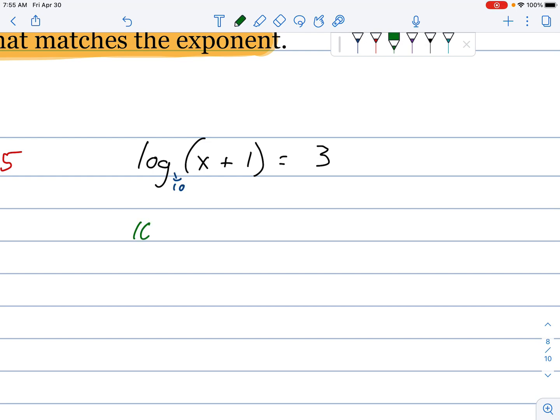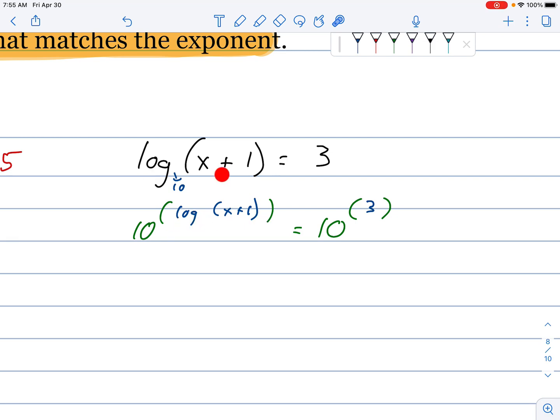So if I were to say 10 to the, and I make that log x plus 1, what's up top? Which is kind of weird. Again, same thing, 10 to the 3. I take the equation and make both sides the power.